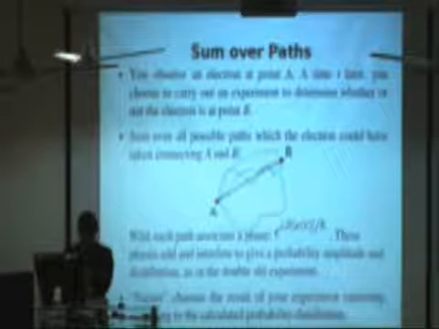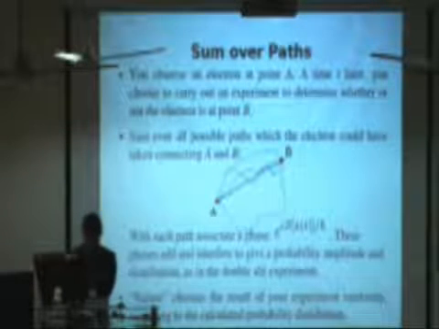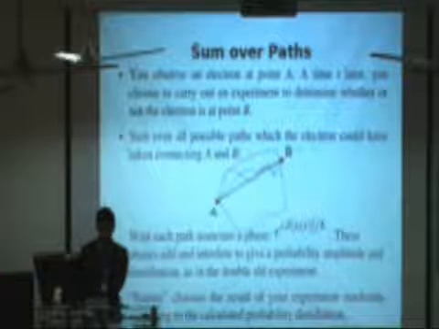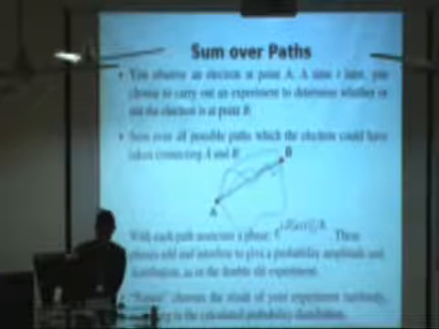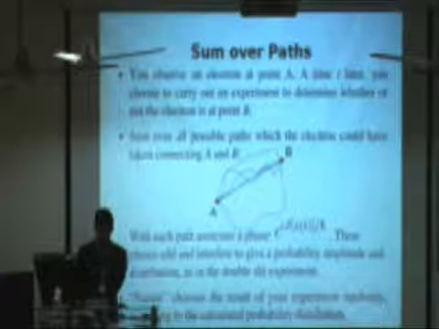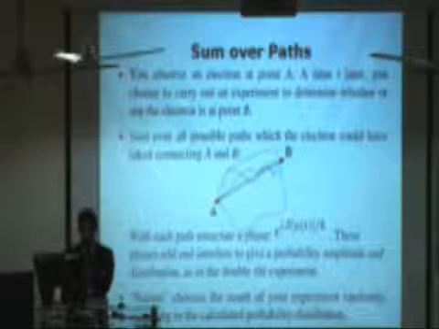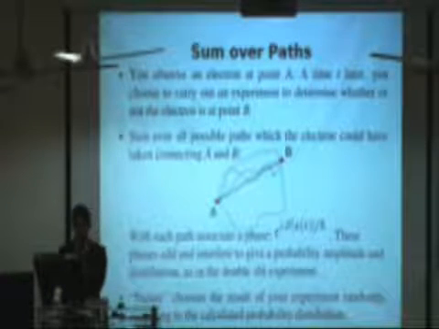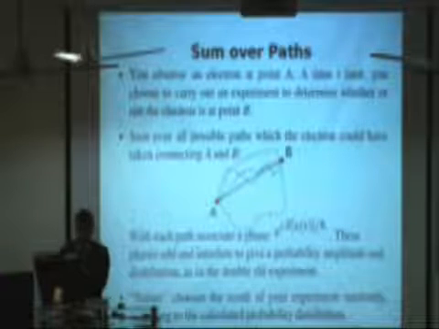Then what quantum mechanics tells you to do is you sum over all possible paths which the electron could have taken connecting A and B. With each path you associate a phase, and these phases add and interfere to give a probability amplitude which you mod square, to get the distribution just as in the double-slit experiment.